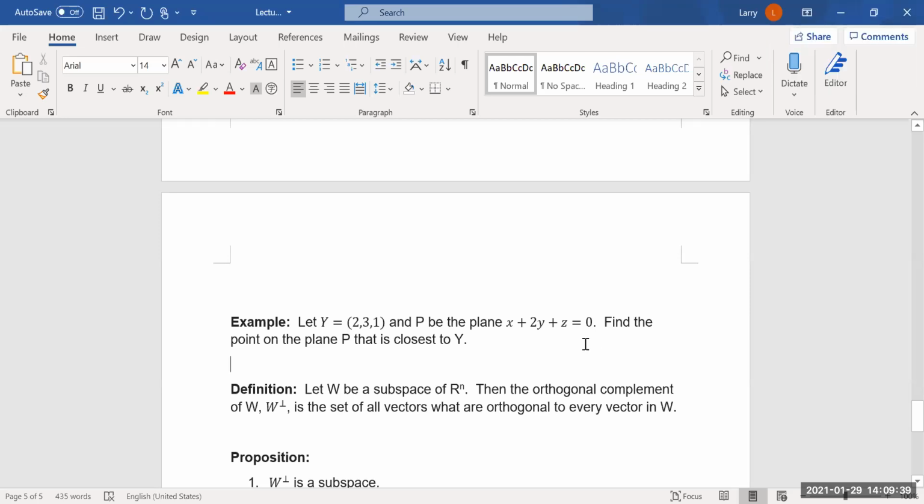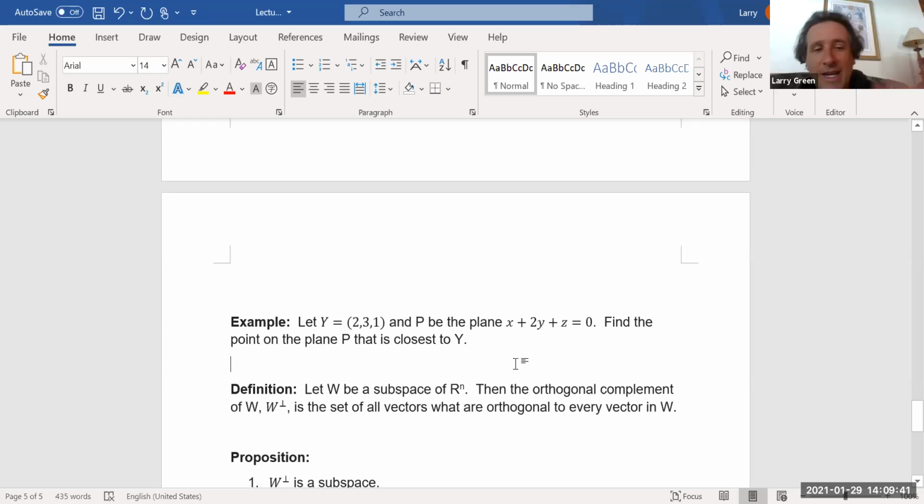There's no way you're going to plug in 2, 3, 1 and get 0 out of that. You get some positive number. Find the point on the plane that's closest to Y. Now we did this in third quarter calculus with Lagrange multipliers, but now we have a better way: we can use the projection onto the plane.